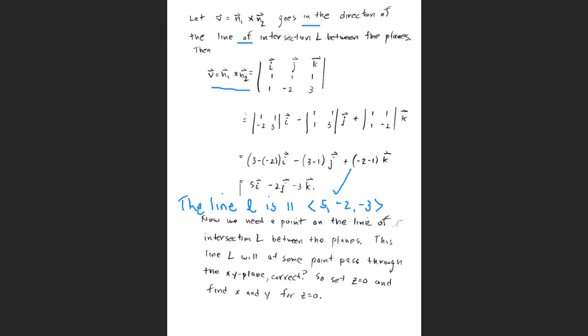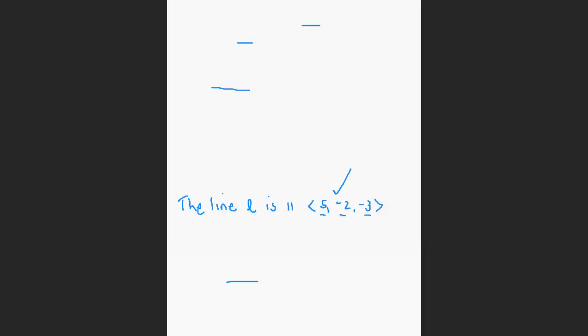This line will at some point pass through the XY plane, because the line is not parallel to the XY plane. I mean, look at the components here. The line is not parallel to the XY plane.